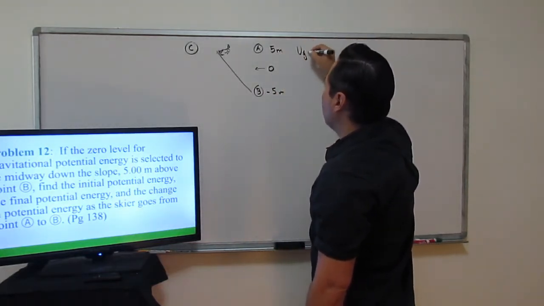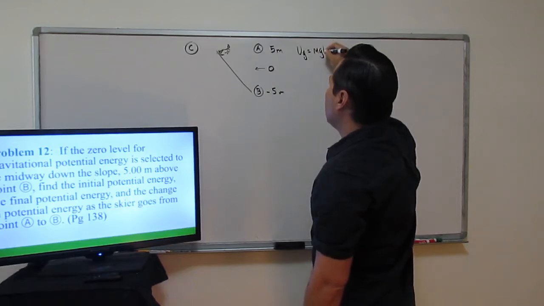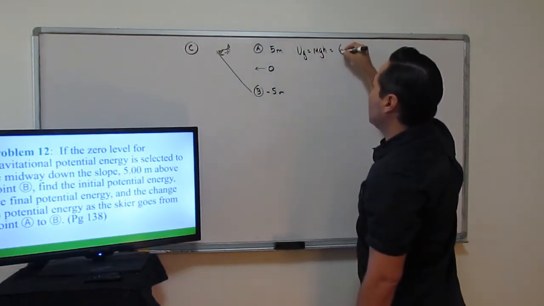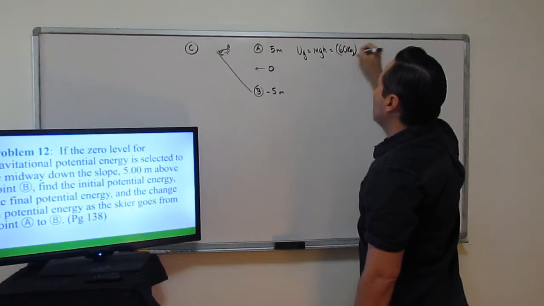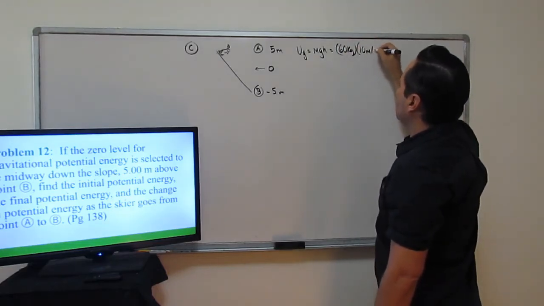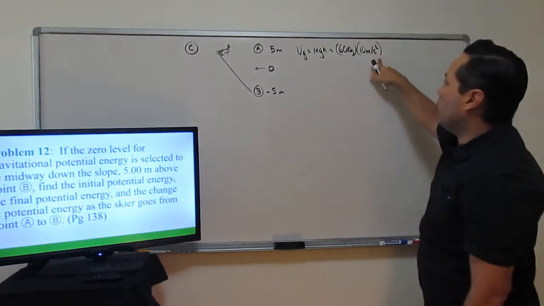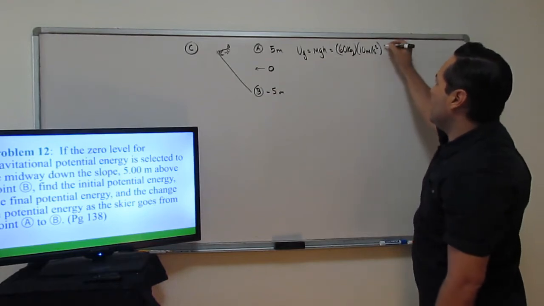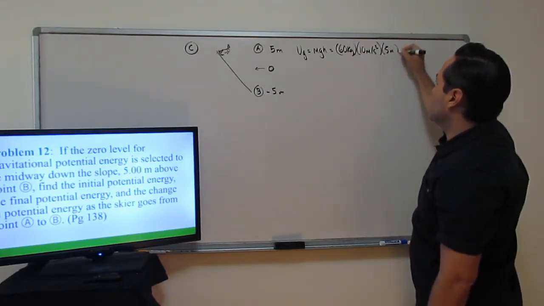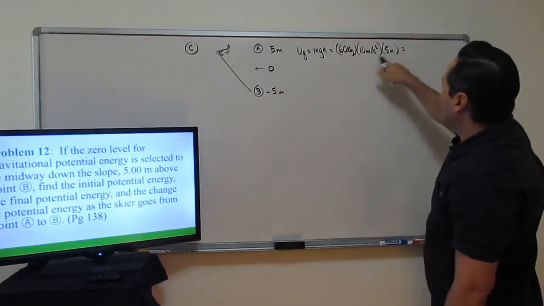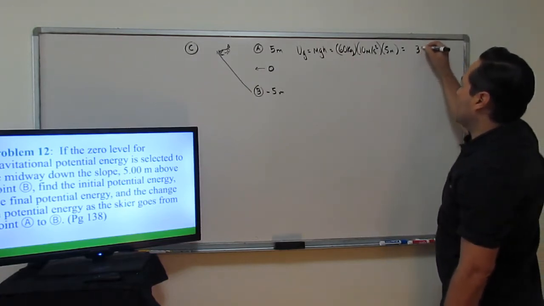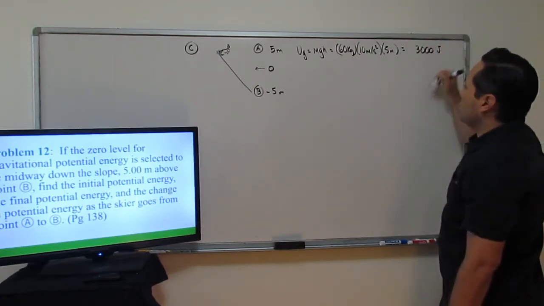They want the gravitational potential energy at point A, point B, and the change in gravitational potential energy. So that's our height relative to our reference point. For point A, it's going to be mass times gravity times height. The mass is still 60 kilograms for our skier, gravitational acceleration is 10 meters per second squared, and the height is going to be 5 meters. Plug it into a calculator and it'll give you 3,000 joules.